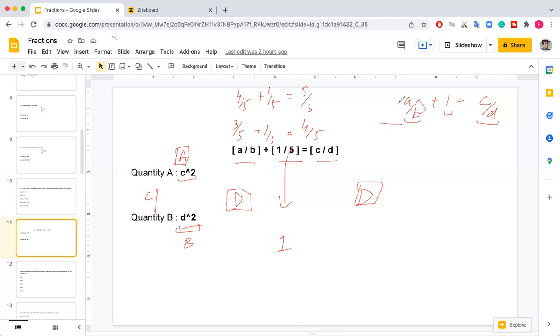If A by B is negative, that fraction becomes less than 1. For example, if I have minus 1/2 plus 1, it is equal to what? 1/2. And now just take the square.